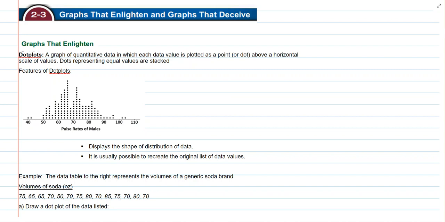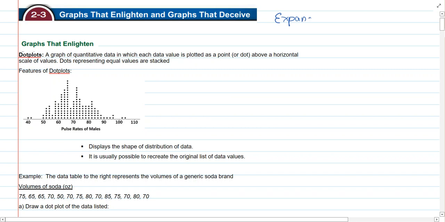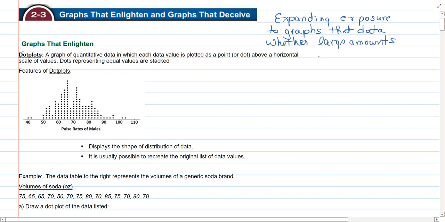What we're going to be doing is expanding our exposure to graphs that display data, whether it's large amounts of data or small.